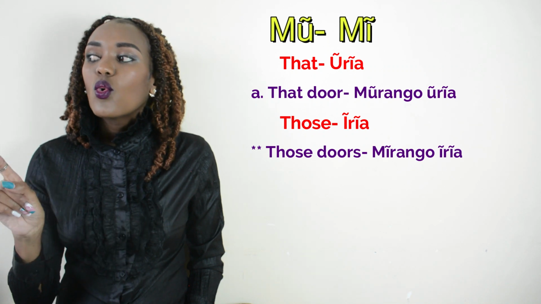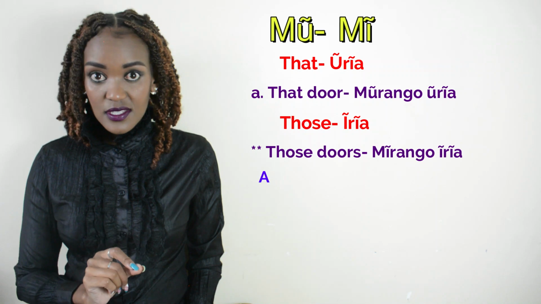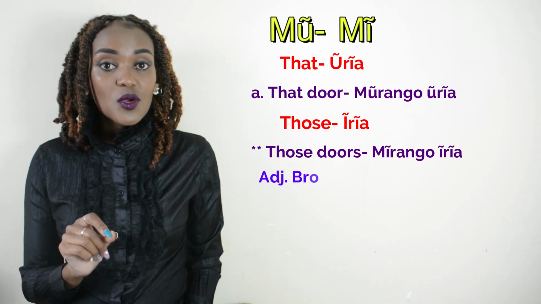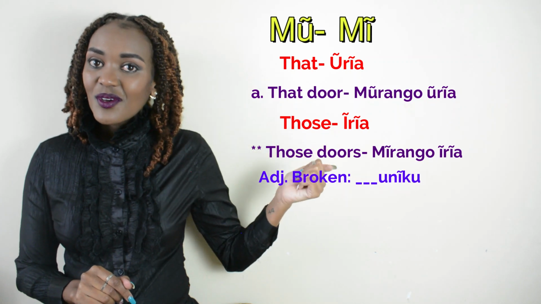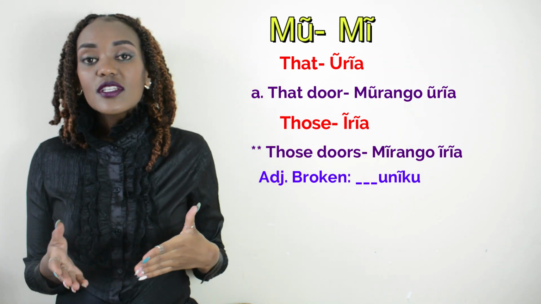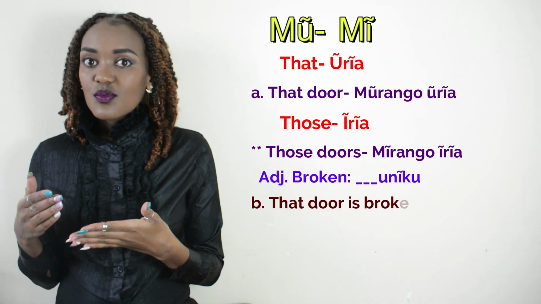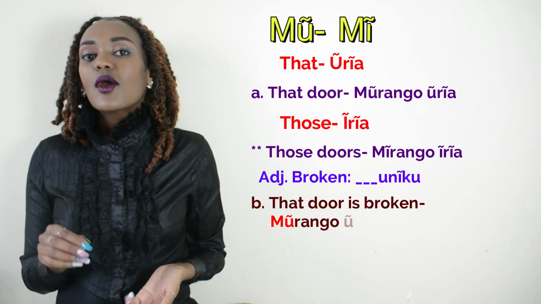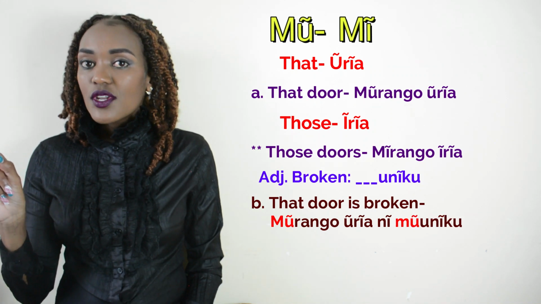If we had the adjective broken, which is going to be uneku, and we now want to make a sentence with that adjective, that door is broken, we are going to say morago oria ne muneku.